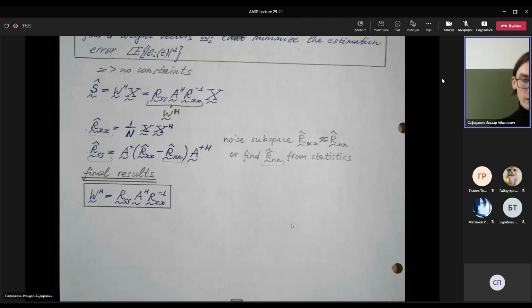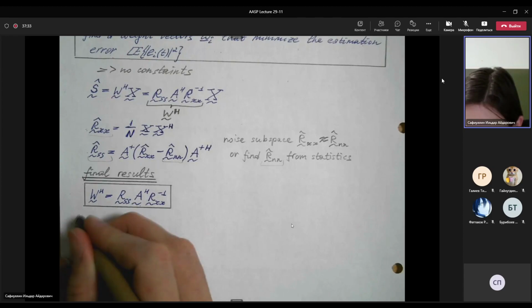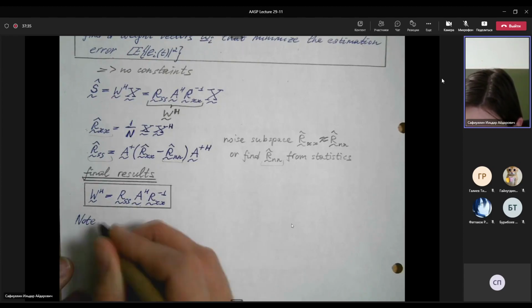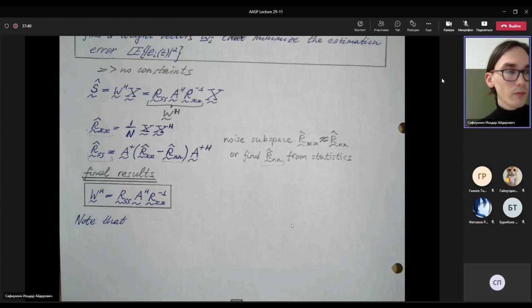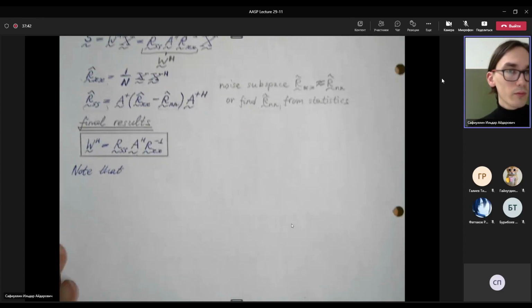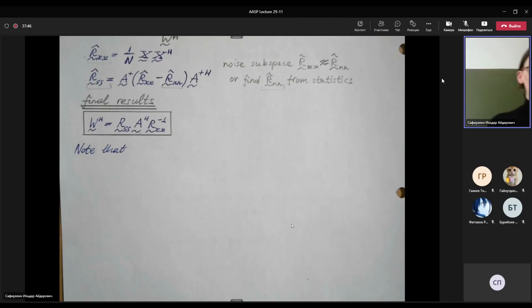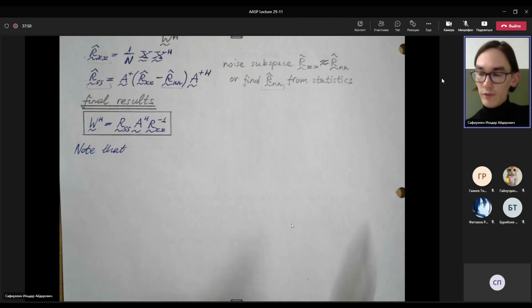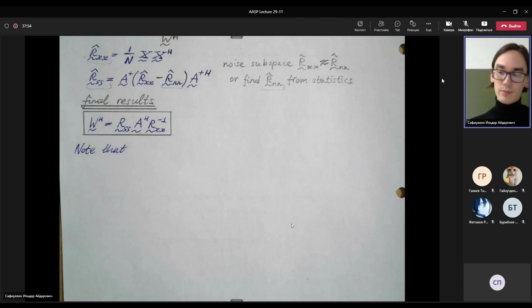So that's all, and one small note for the MMSE solution. Let's write down a note. But I need to check, can we use the covariance matrix of noise as the noise subspace of RSS?